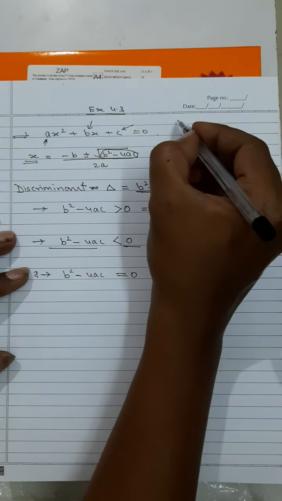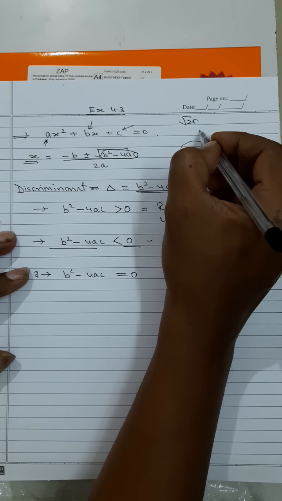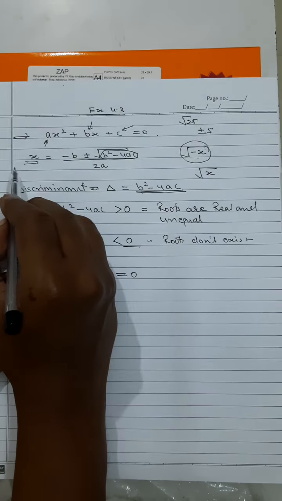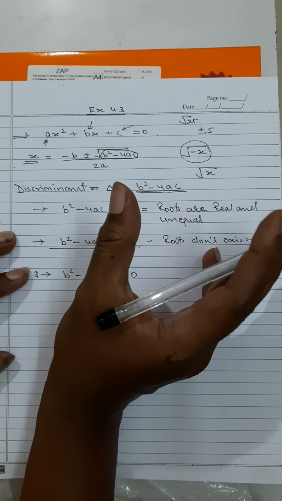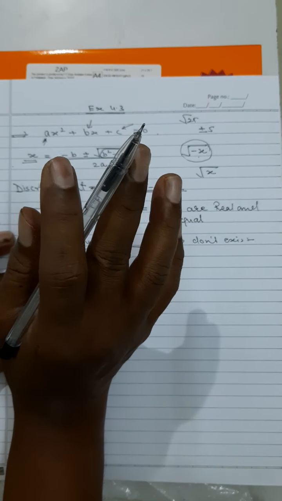Supposing we have got root 25, then you will get either plus 5 or minus 5. Two values you will get over here. If it is plus 5, that will be a different value, and minus 5 will be a different value. That means two different roots will exist. It will happen for each and every positive number except 0.